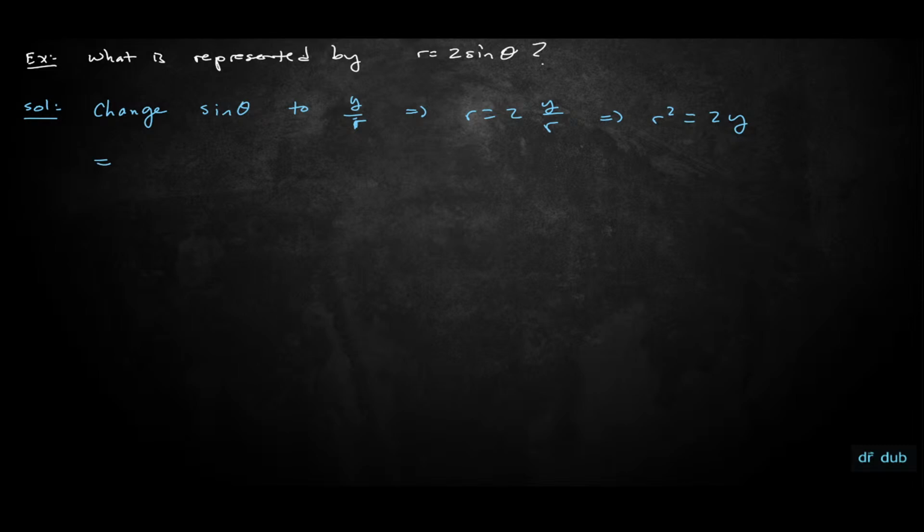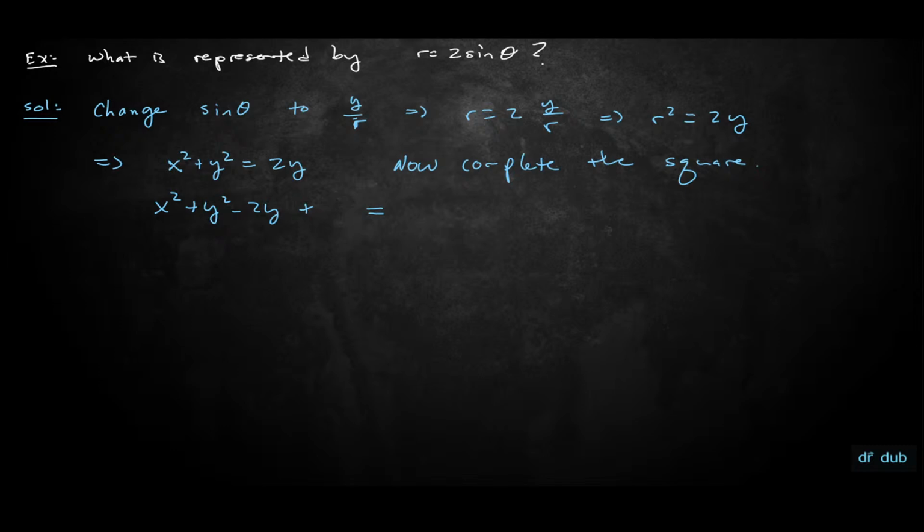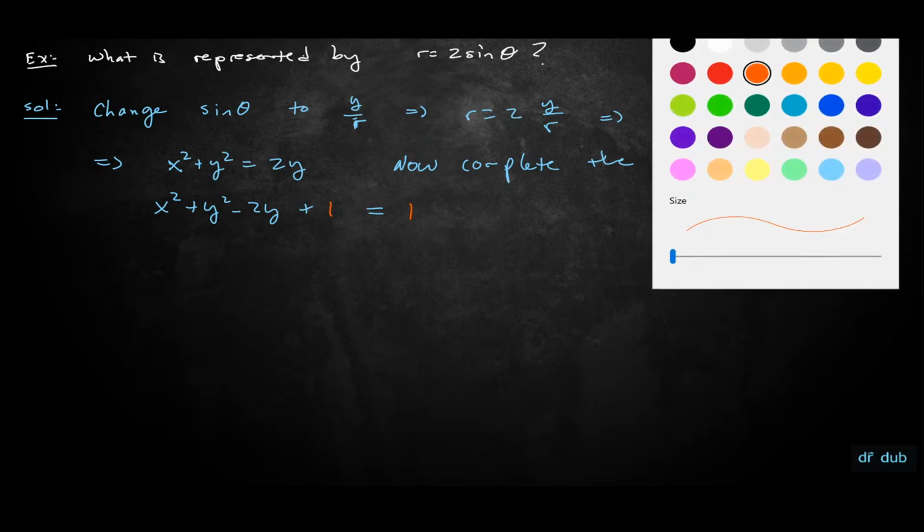Well, we know what r squared is. r squared is x squared plus y squared equals 2 times y. And now complete the square. So I'll get x squared plus y squared minus 2y plus something. And what we're going to add is 1 to both sides to complete that square for y.